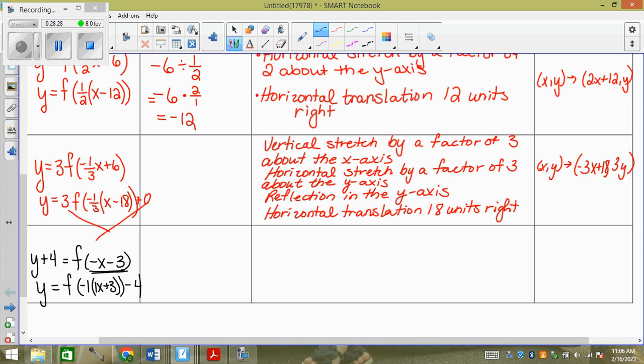All right. Is there any stretches? No. There's no number in front of the f, and the one in front of the x is just a 1, so no stretches. I do have a negative 1 in front, though, so I have a reflection in the y-axis. And then I have a horizontal translation.